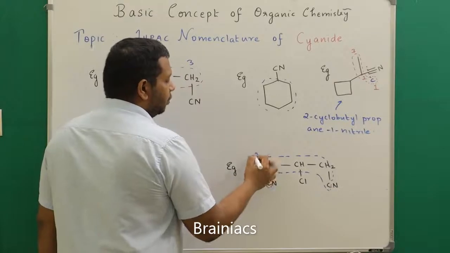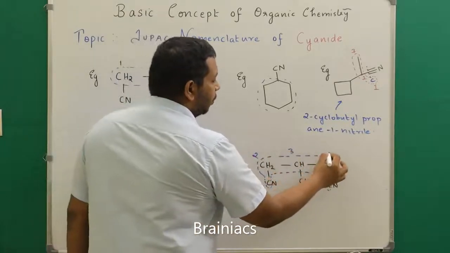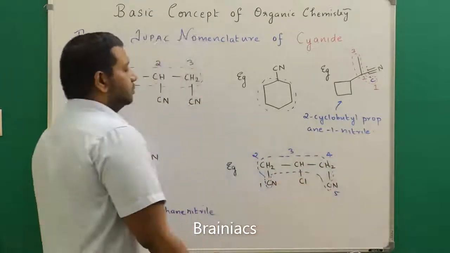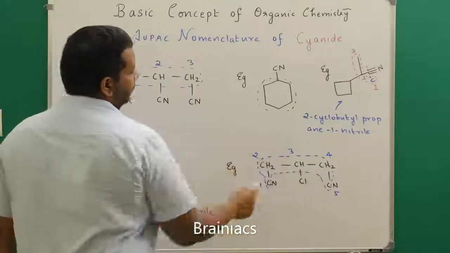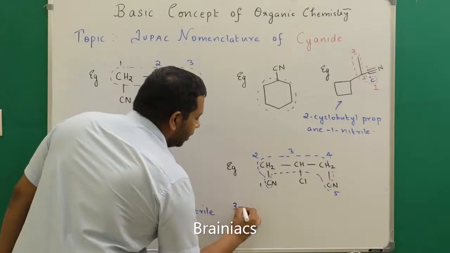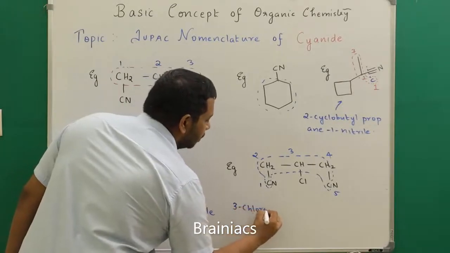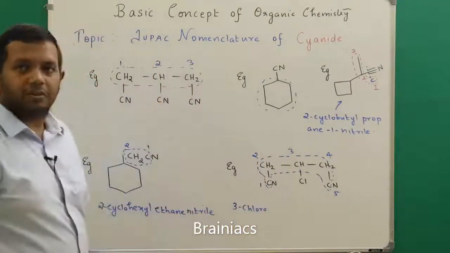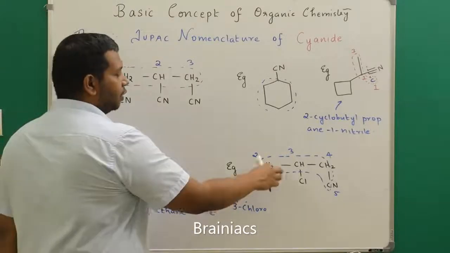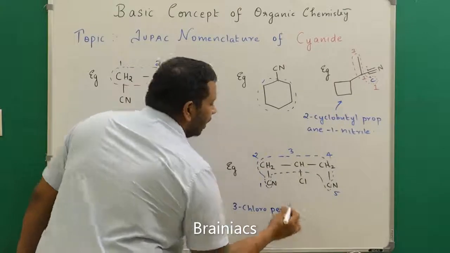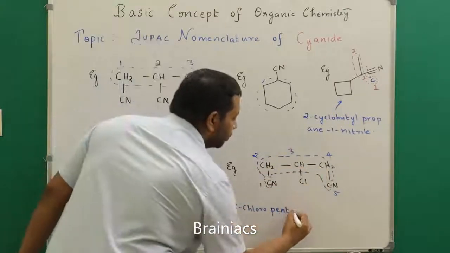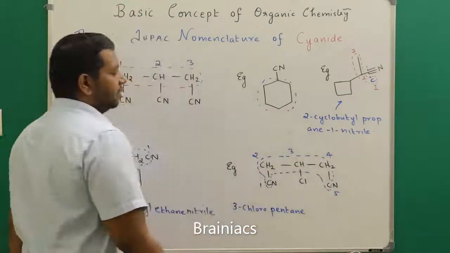So 1, 2, 3, 4, 5. Correct? I know that the first 2 degree prefix is a substituent, so I use the term 3-chloro. 1 degree prefix is not applicable since it is not a cyclic compound, and word root 5 carbon atoms, so I use the word root pent, and all are connected through single bonds, so I use pentane. Correct?